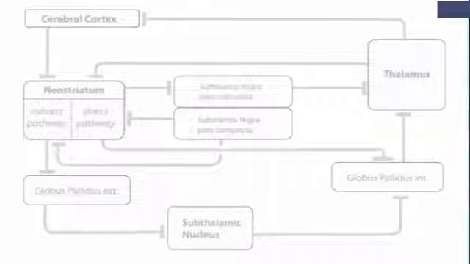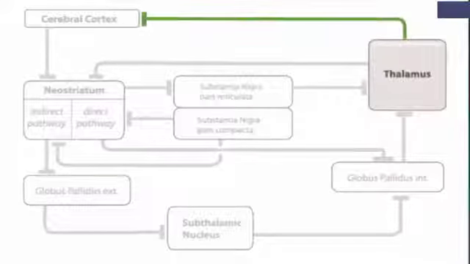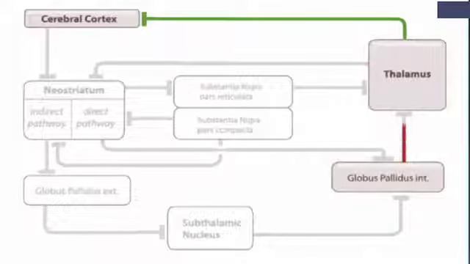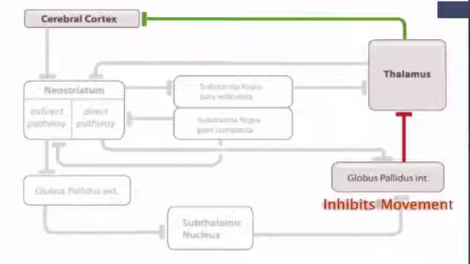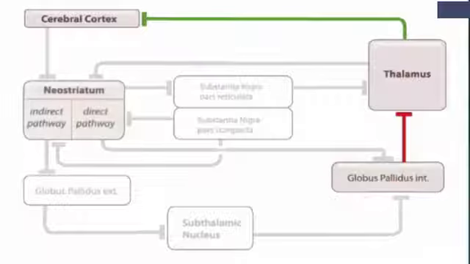But let's try to make some sense of it by working backwards. The thalamus sends an excitatory signal to the cortex, which facilitates movement. The internal globus pallidus sends an inhibitory signal to the thalamus, which inhibits the thalamus. So the internal globus pallidus inhibits movement. The neostriatum modulates the internal globus pallidus in 2 ways.